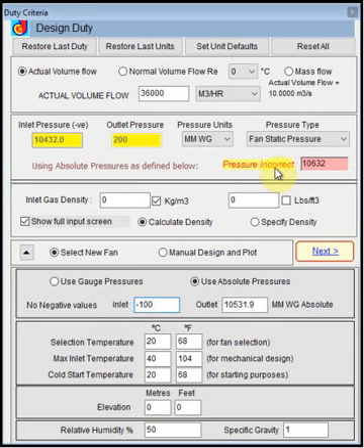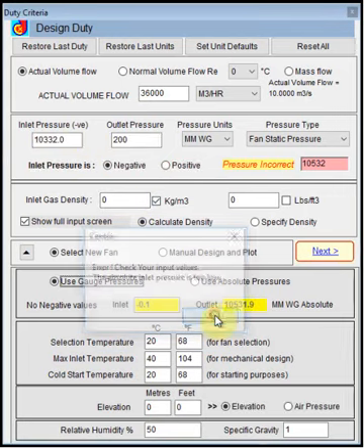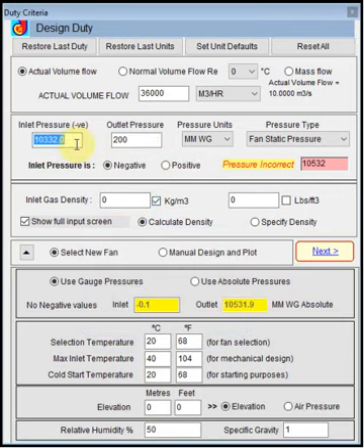So we see here that we get a warning that the pressure is incorrect. So let's go back to 0. We'll go back to gauge pressures. Pressure's too low, so we're going to go for 200. Now we're back to a reasonable pressure for a fan.